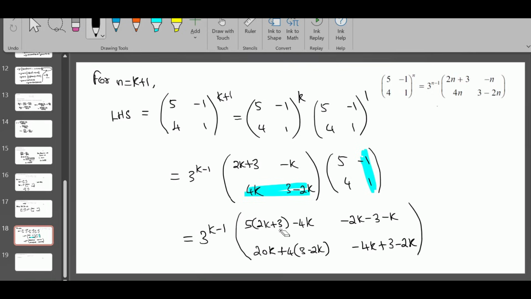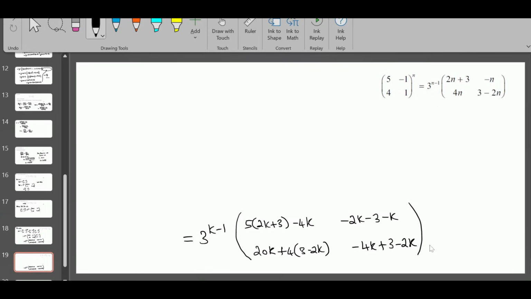Now let's simplify this. Okay, we are at this step. I'm going to simplify it. 3 to the power k minus 1. When you open the bracket, 10k minus 4k is 6k plus 3. This will be minus 3k minus 3. And then 20k minus 8k is 12k plus 12. Minus 6k, 3 minus 6k.